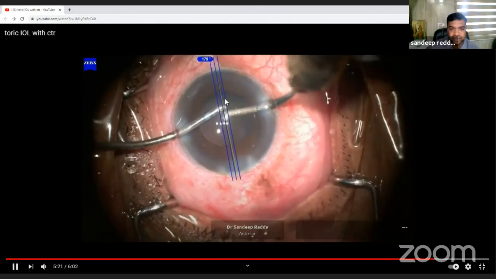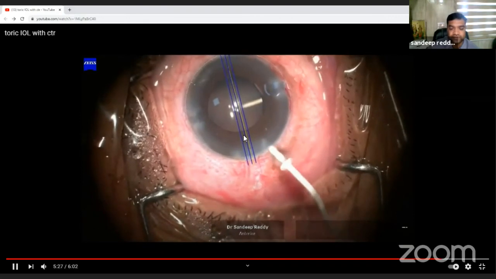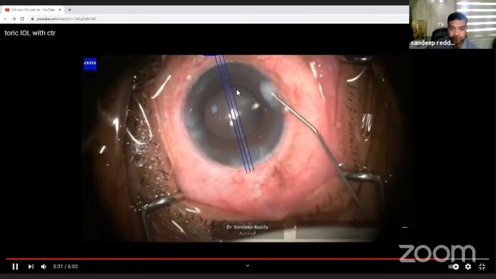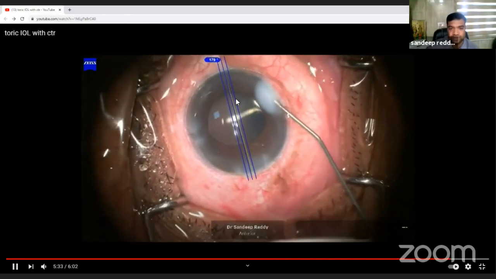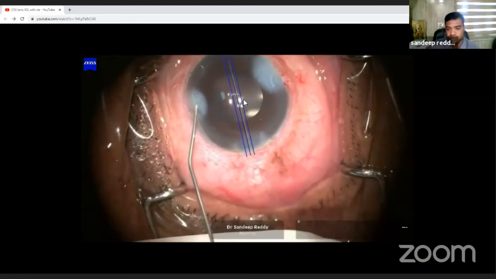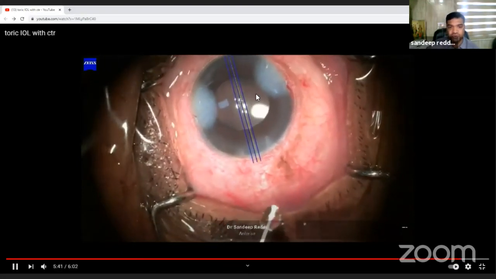And you can see clearly that these marks are exactly oriented parallel to the marker here. And once we are finished with the lens implantation and orientation, we have to do a slow hydration procedure so that the lens does not rotate.